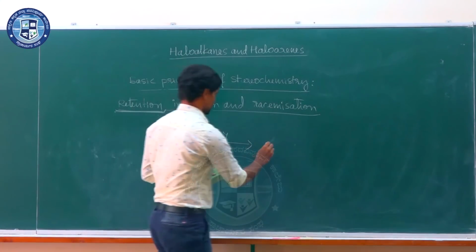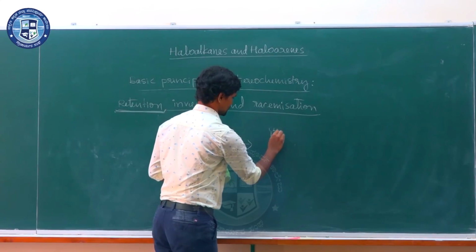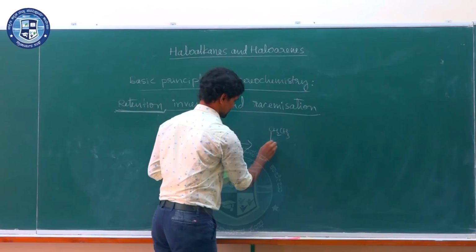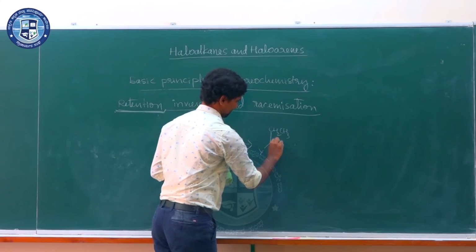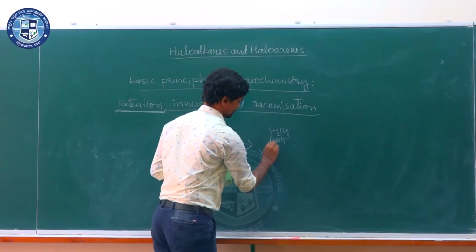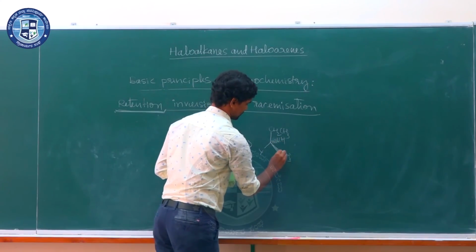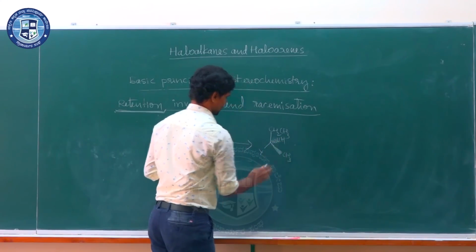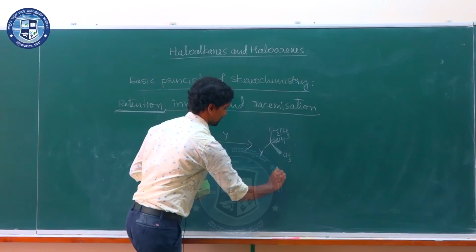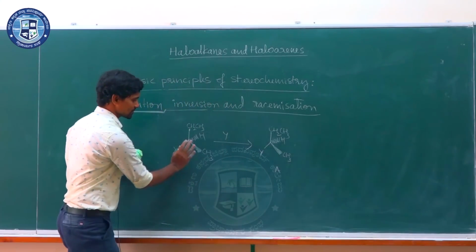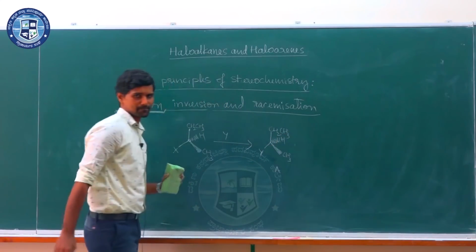You get the product. If you get the product like this: CH2CH3, Y and H, CH3, this is considered A. Look at this: whatever configuration this reactant has, the same configuration is present here.